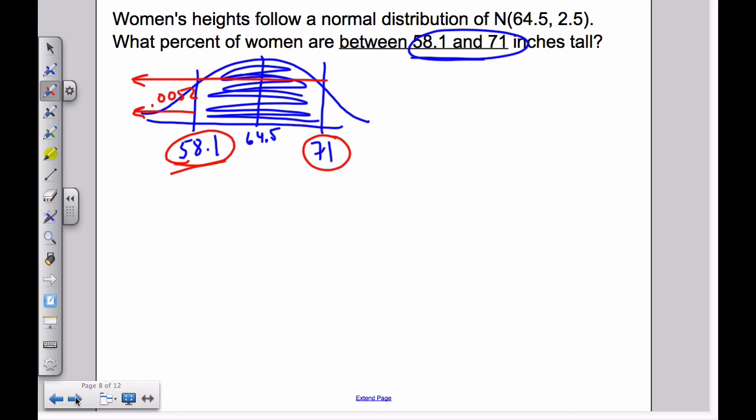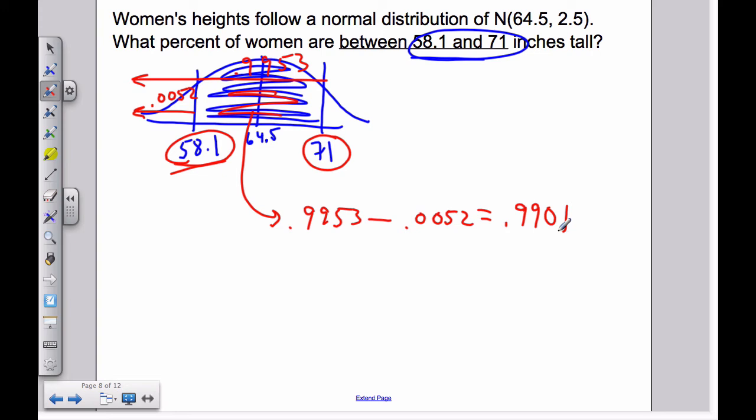So what's in between? What's in here? That is going to be 0.9953 minus the 0.0052, which gives you 0.9901.